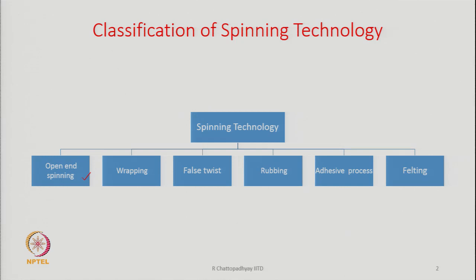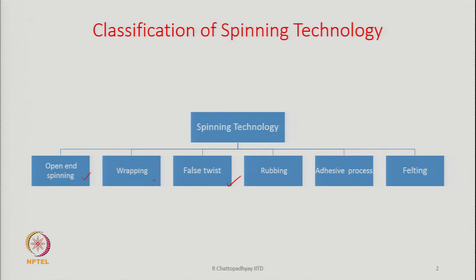The next one is wrapping, that is spinning a yarn by a process known as wrapping. The next one is false twisting. We produce a yarn by the process of false twist, that is by generating false twist and making the fibers wrap around the yarn.